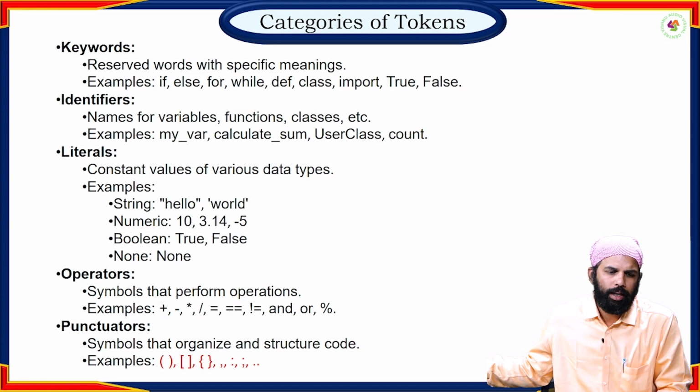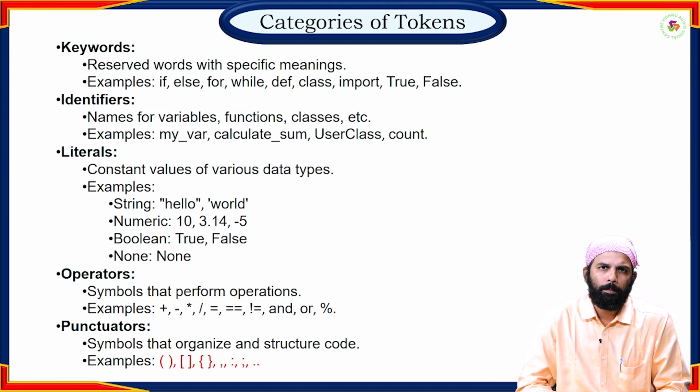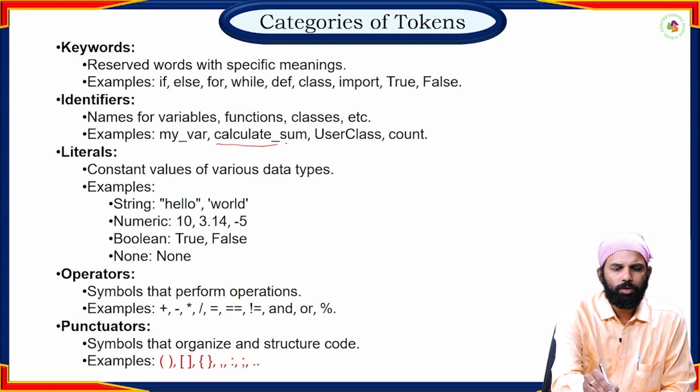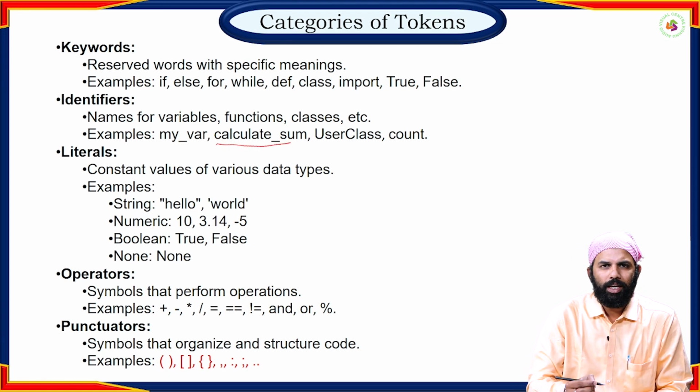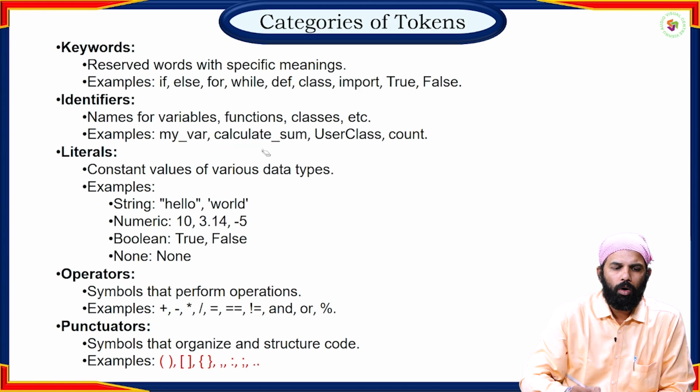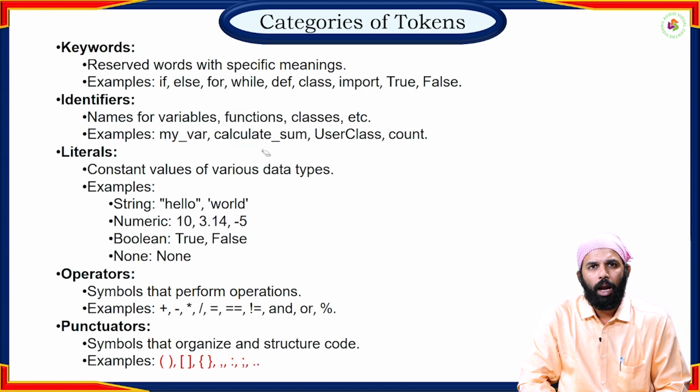For example, a variable name used in code is an identifier. If I have a function which calculates a sum, then the function name is also an identifier. And if I am creating a class, then the user class name is also an identifier.